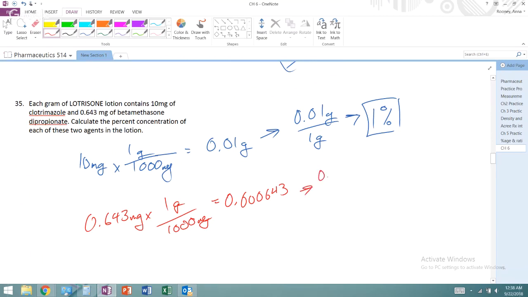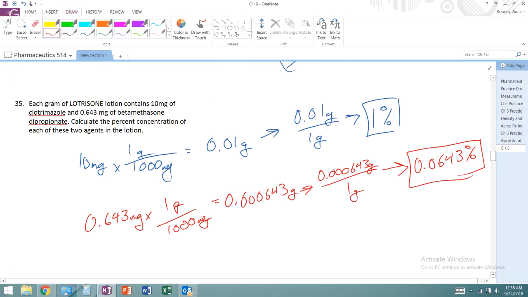And so when you take that over 1 gram, and then you have to multiply it by 100, then that is 0.0643%. So there is that, if that makes any sense.